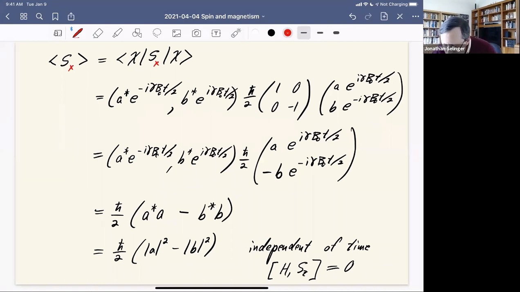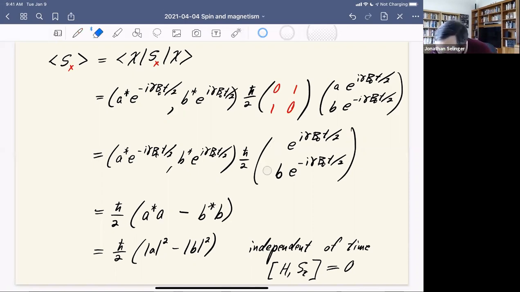It's the same state chi, but a different operator. The operator here is h bar over 2 times the matrix 0, 1, 1, 0. A different matrix goes here. Now I need to do the matrix multiplication.